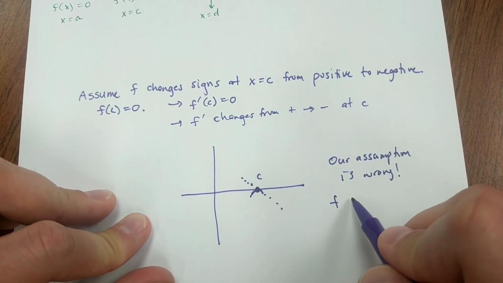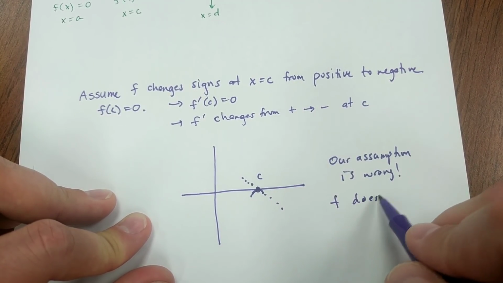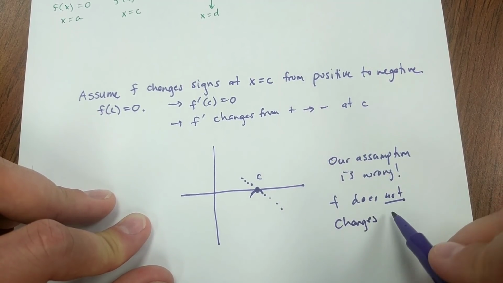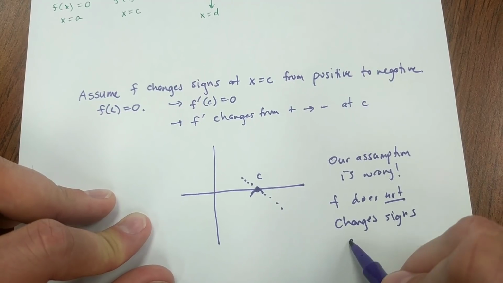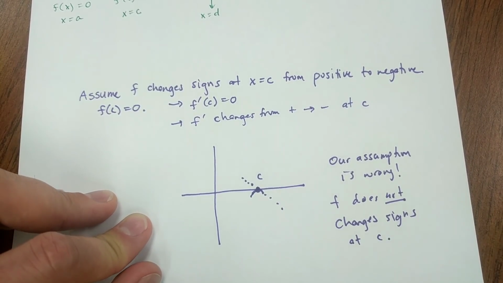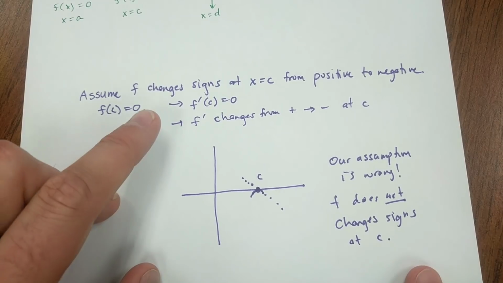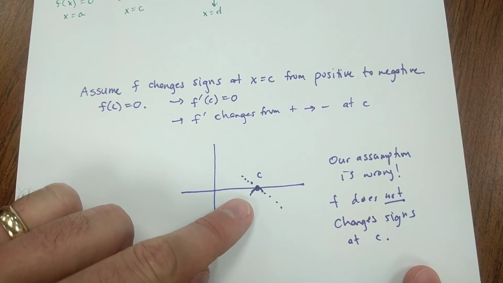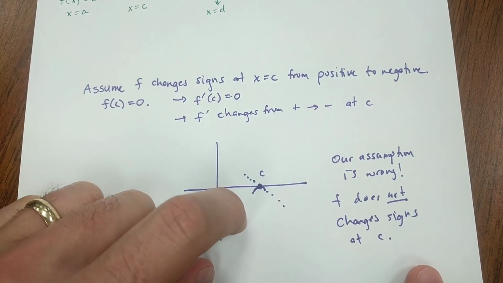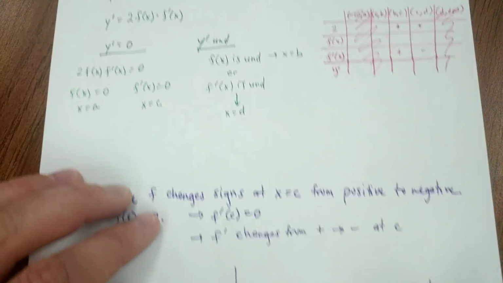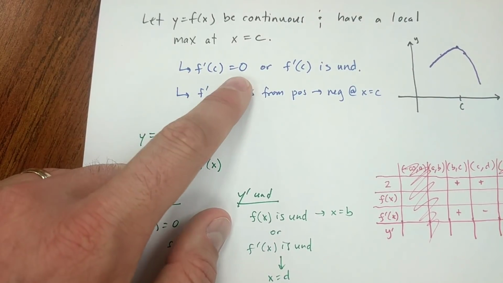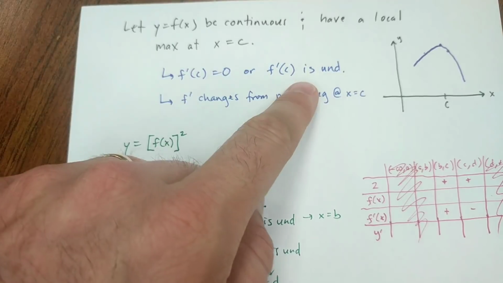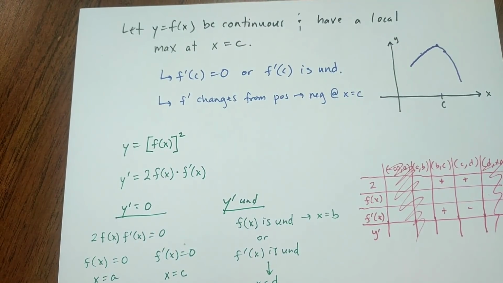So f does not change signs at c. We could do the same thing if we assumed that f went from negative to positive, but that would imply that at c, f should be increasing, and again that's not happening. f prime is either doing nothing there or undefined.